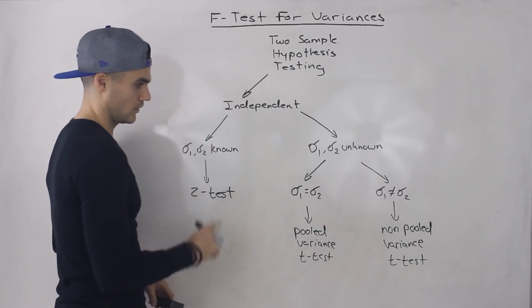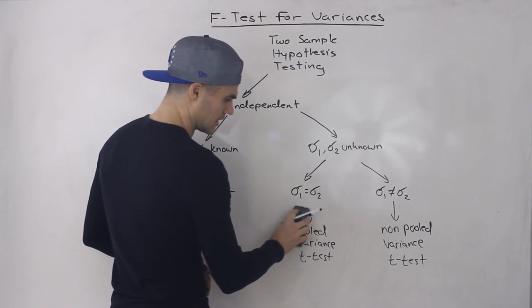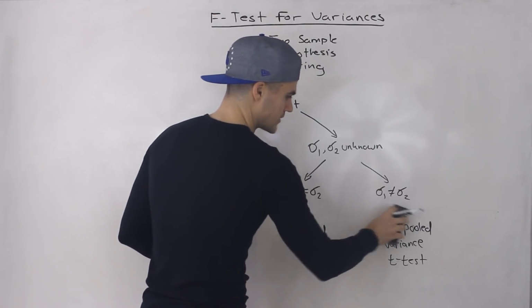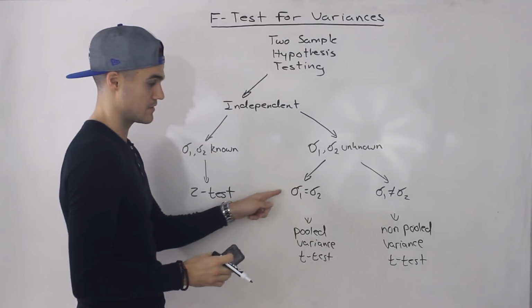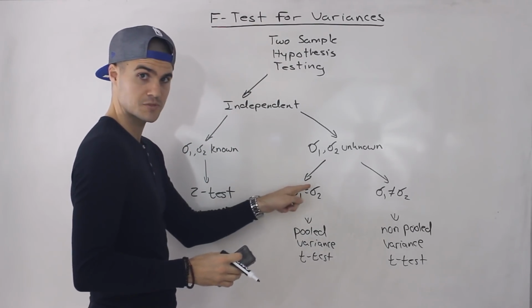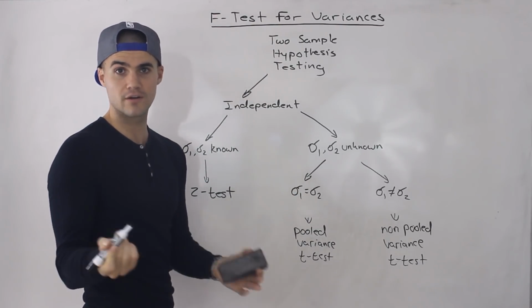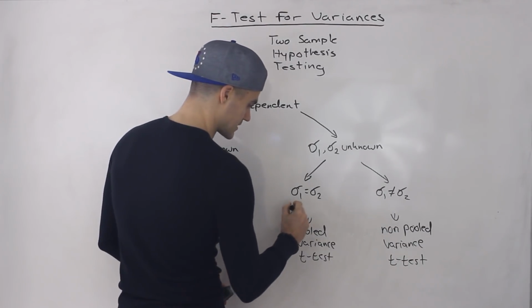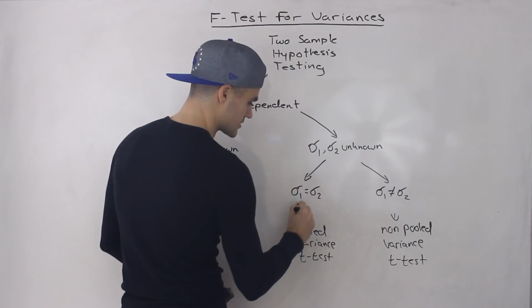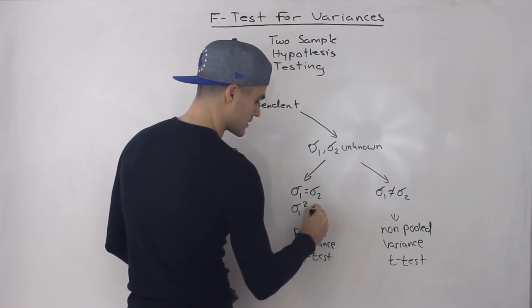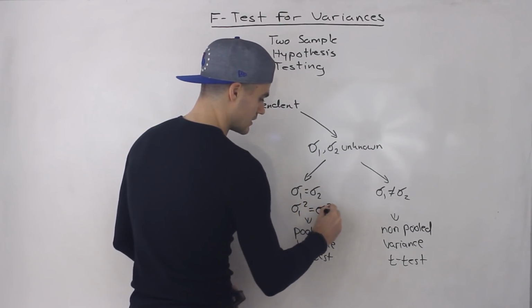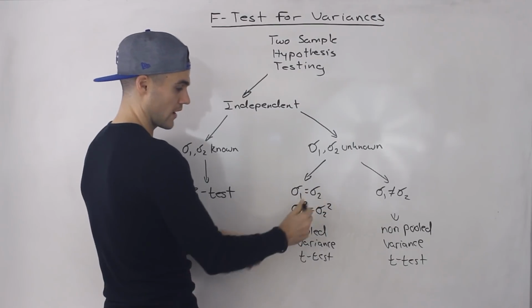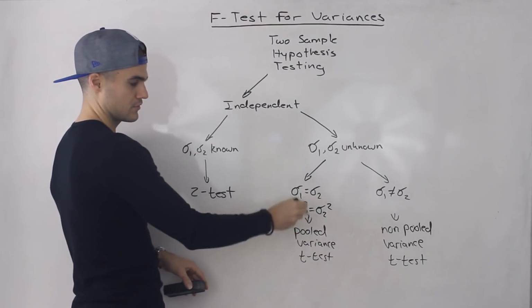Now, one thing I want to mention is you'll see in questions, sometimes they'll say the population standard deviations are assumed to be equal, or the population variances are assumed to be equal. And they both basically mean the same thing. So the variances you would show like this. It's basically that standard deviation squared, right? But both of these are the same thing.